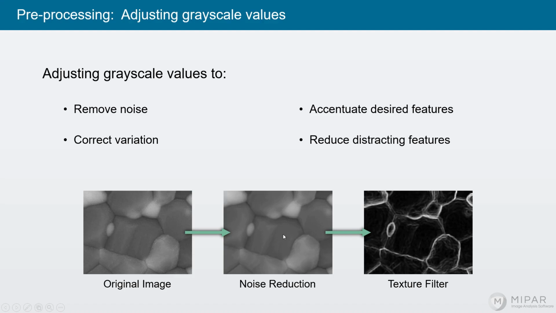You couldn't just take a regular binary threshold. So you can use things like texture filters to find these desired features. You can use other filters to remove distracting features, just to give you something that you can then process properly.